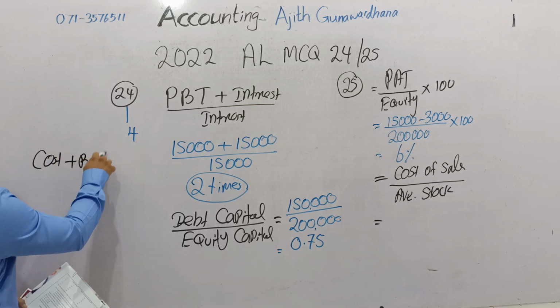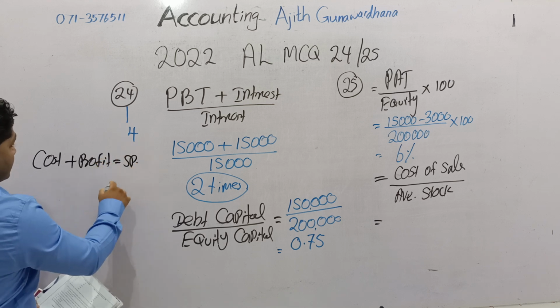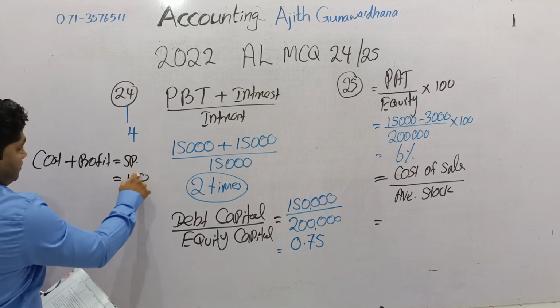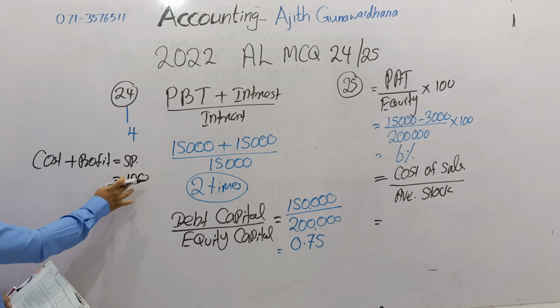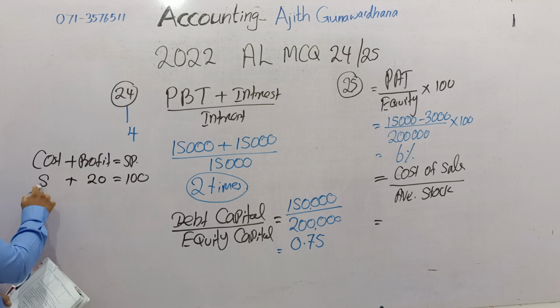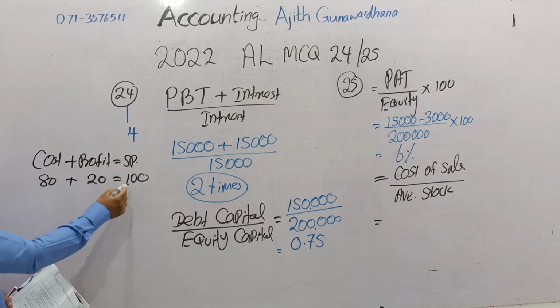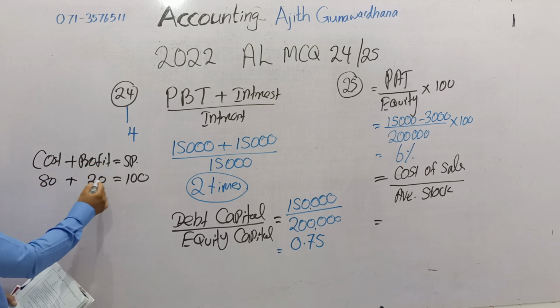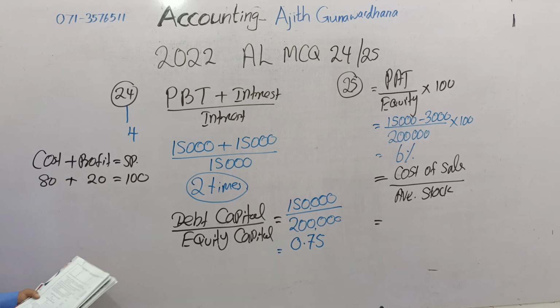Cost plus profit equals selling price. Profit margin means profit decided based on selling price. Therefore profit is 20%, and cost is 80. If the selling price is 100, profit is 20 and cost is 80.